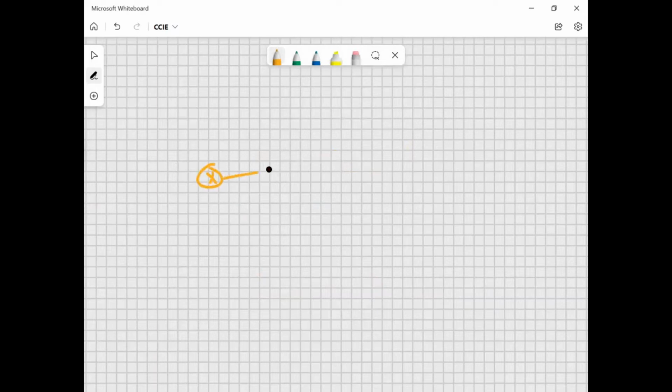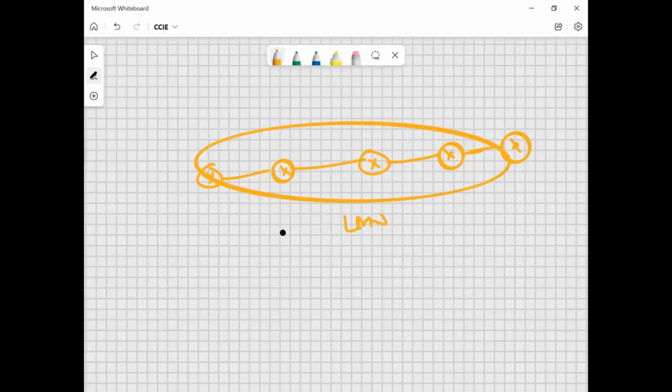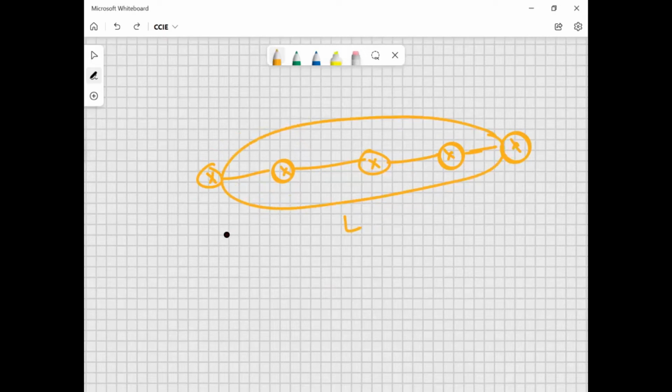One very important thing: let us suppose you have a heavy network like this. This is the common network of your LAN. This is connected to maybe one ISP, and this is connected to maybe the same ISP, not a different one.